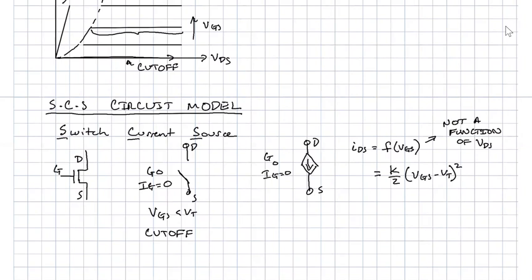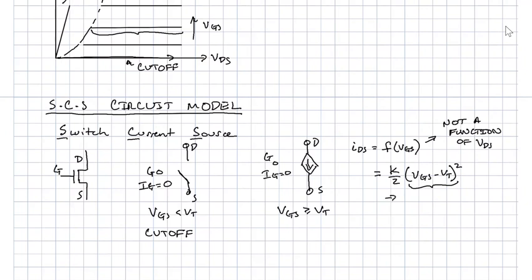So what does that tell us? I'll tell you what K is in just a second. K is a constant, and so it tells us that if we increase the gate to source voltage, and it better be above VT anyway to even be in this mode of operation, we should write that down: VGS greater than or equal to VT. So the term in parentheses is greater than 0, and as we crank up the gate to source voltage, the difference between it and threshold gets bigger, so the quantity in the parentheses increases, and then we square it, and so we have a large increase in drain to source current, and it's controlled by the gate electrode.